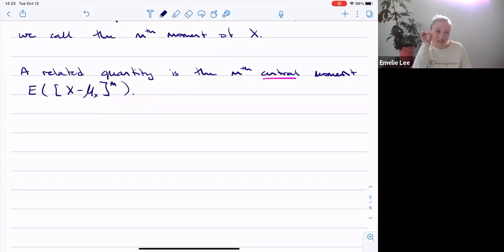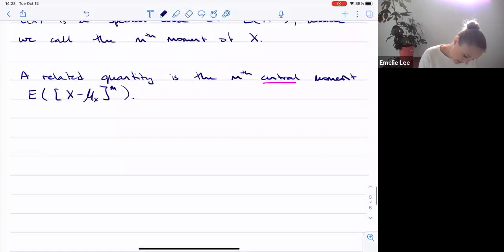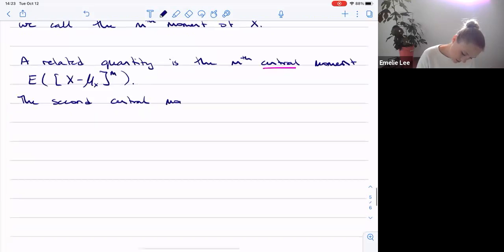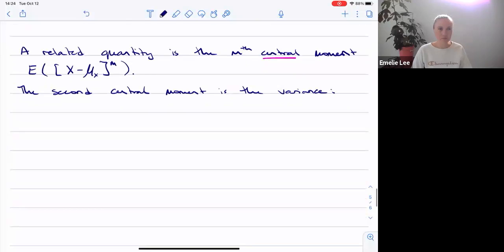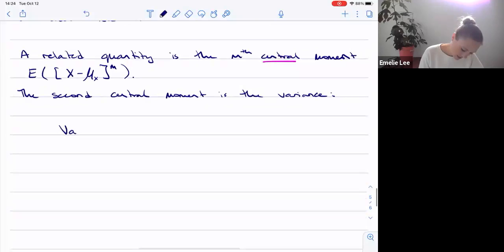One special central moment is the variance. The second central moment is the variance. So the variance of X, just to develop it a little bit, if the second central moment is the variance, then how can I define the variance?